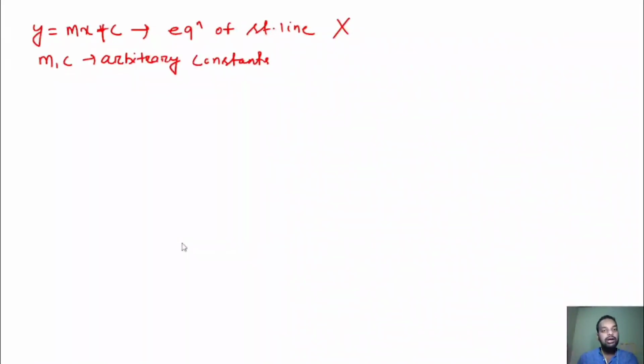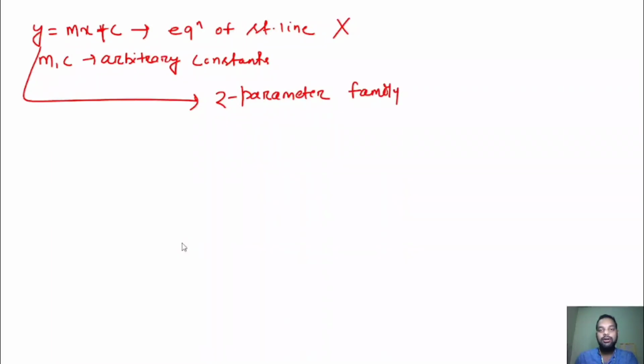Okay, until that we will say this is a two parameter family of straight lines. Why two parameter? It is clear that there are two arbitrary constants, that's why two parameters. And why family of straight lines?